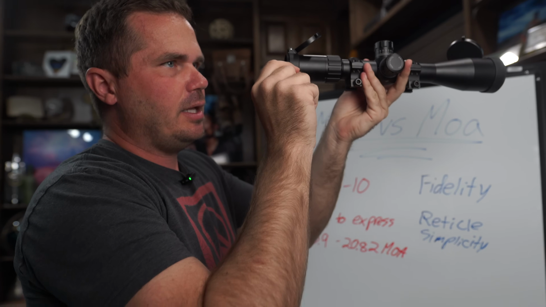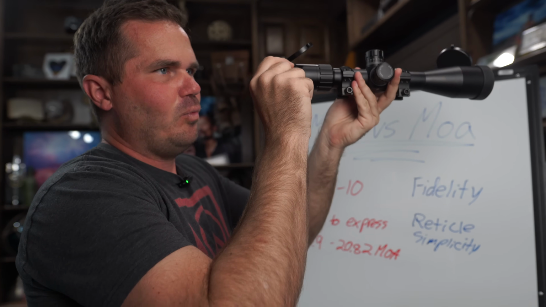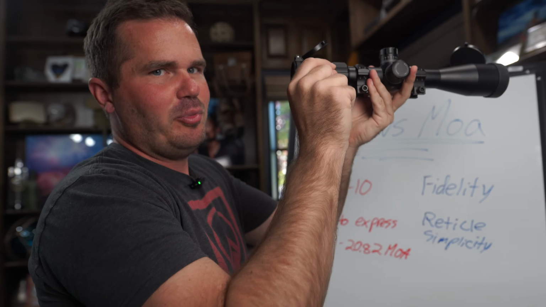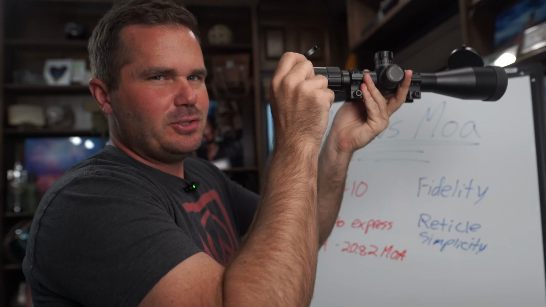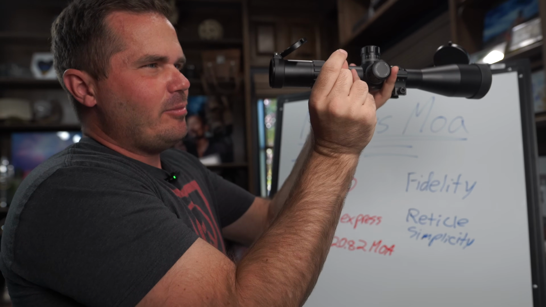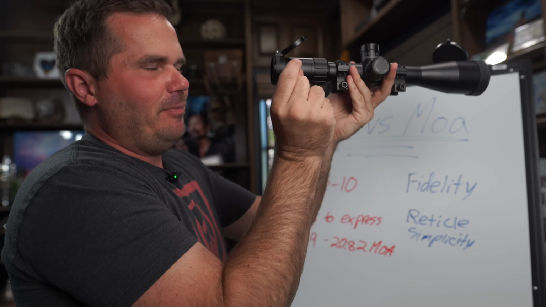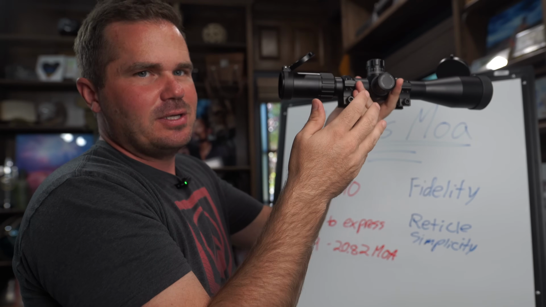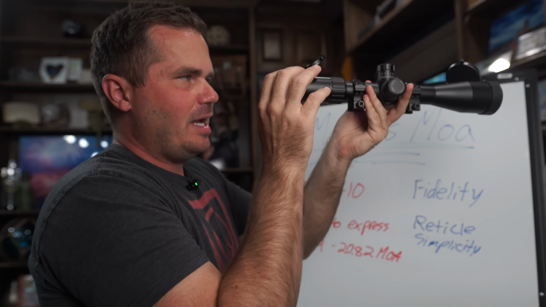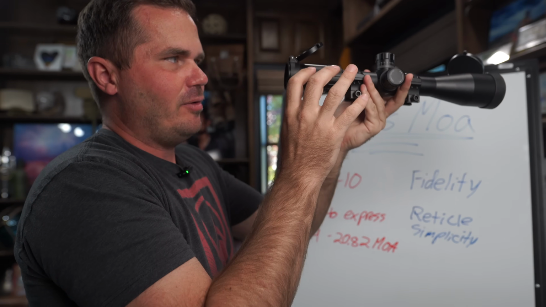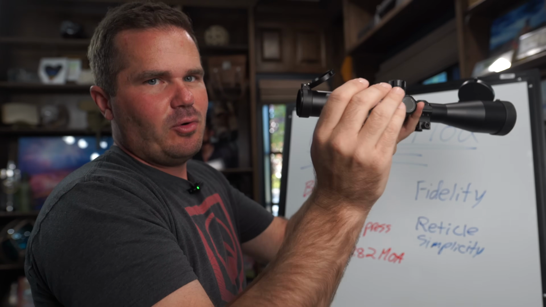It's usually not going to have the little 1.25, 1.5, 1.75. That would be too tiny in there. And 1 MOA is just about the right amount of space in most scope magnifications to not have too busy of a reticle and just have each MOA shown.